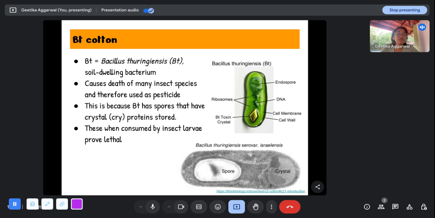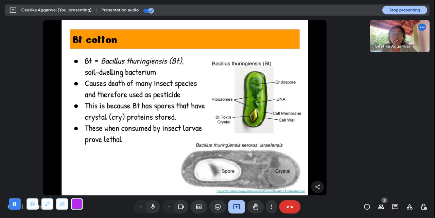And when they are consumed by the insect larvae, if the insect larvae is consuming a plant which has been sprayed by, say, these Bt spores, it is lethal because these crystal proteins get lodged into the alimentary canal of the insect, and then they start multiplying, which leads to the eventual death of the insect.